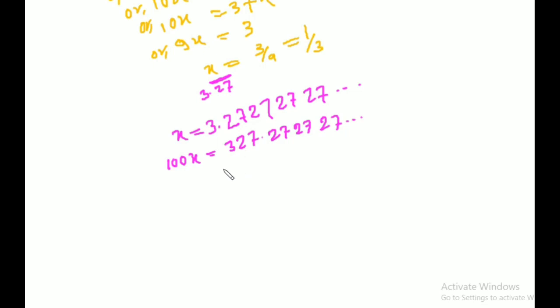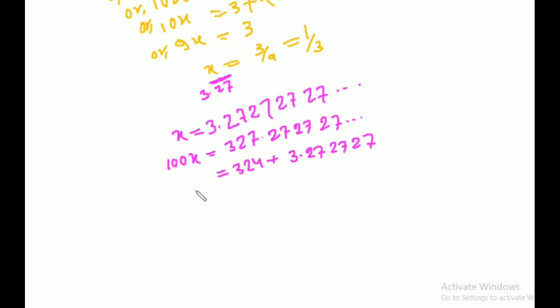So you can write this like this, 327 plus, no, we can write it like this, but this will not be useful, so we will do something else. What we will do, we'll write it like this, 324 plus 3.272727, because we want to get again this same expression.